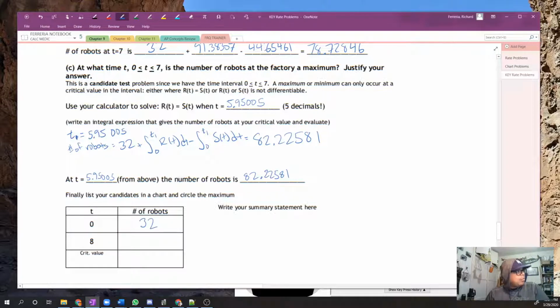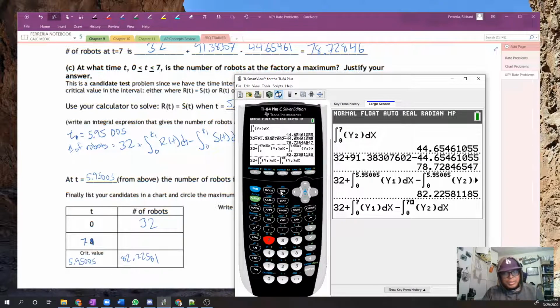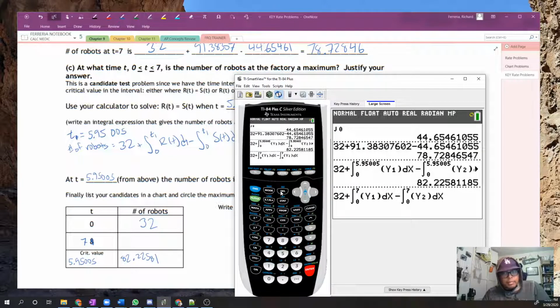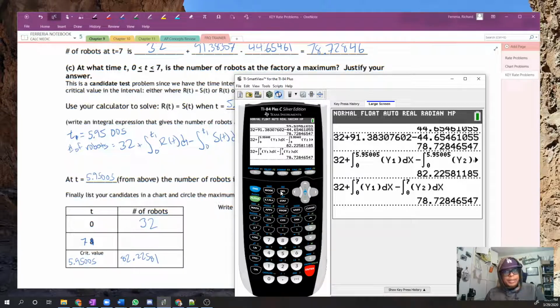At t equals 5.95005, there are 82.2258 robots. And then we're going to go ahead and calculate at t equals 7. That should be a 7, folks. So at t equals 7, we get 78.728 robots.